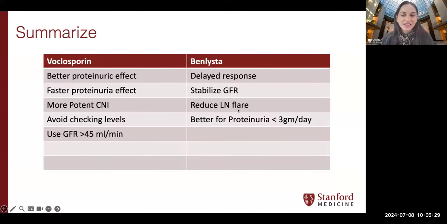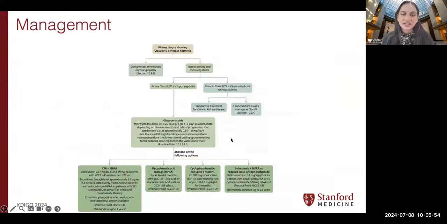It also showed data that it reduced lupus nephritis flares, and it was better for proteinuria if it was lower amounts of proteinuria. So Benlysta may be something I would use. Maybe I could use voclosporin early, and then later add Benlysta to keep the disease stable and keep them from flaring. But it's a lot of drugs that our patients have to be on, so I'm trying to figure out what our patient needs.